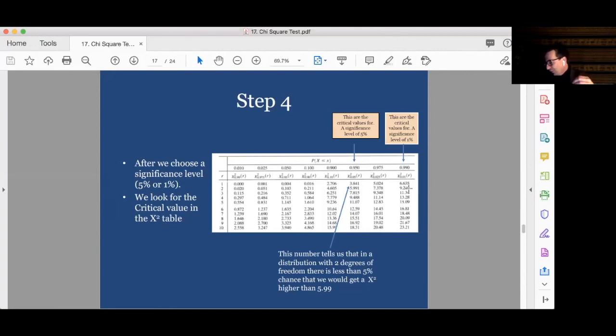So it's a much lower chance than 1%, much lower than 0.5%, that we would get a chi-square statistic that high if it was coming from a population where there's no relationship. So that's why we say, no, there's so little chance that our table came from a population where there's no relationship that we can confidently reject the null hypothesis and accept the alternative hypothesis.